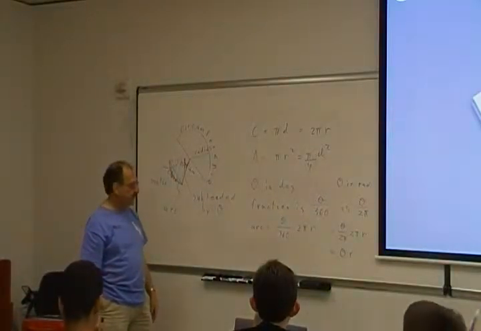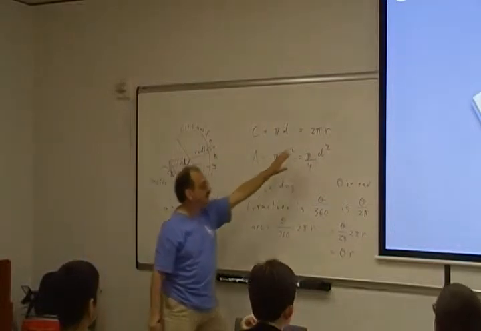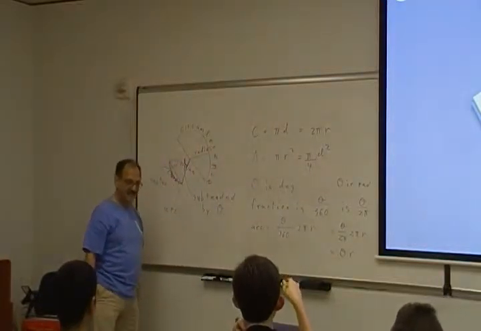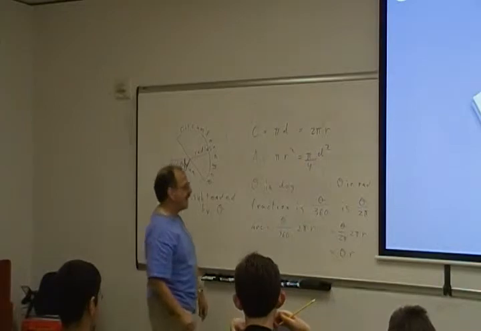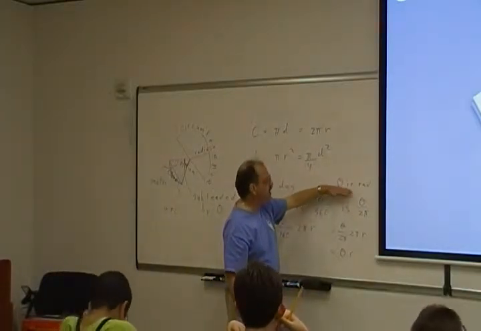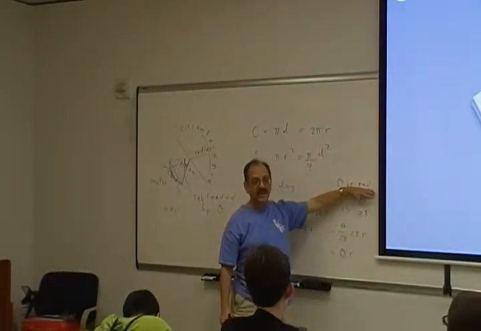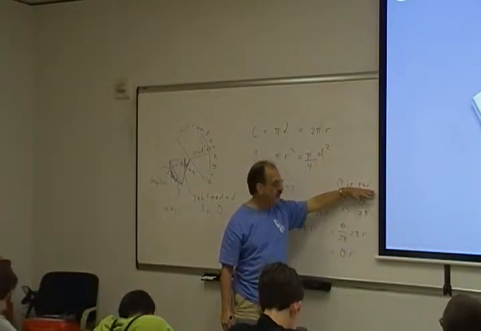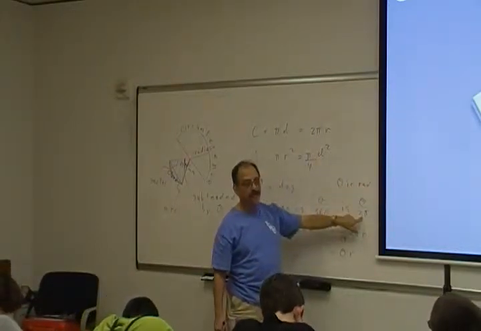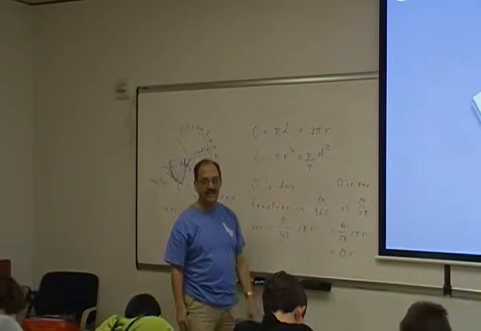How'd you get 2 pi? Theta over 2 pi. Okay? If theta is measured in radians instead of degrees, then theta over 2 pi will be the fraction instead of theta over 360.